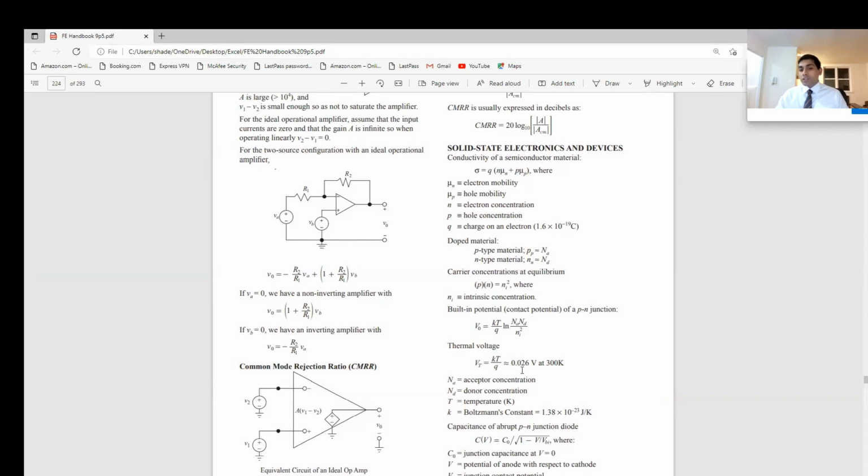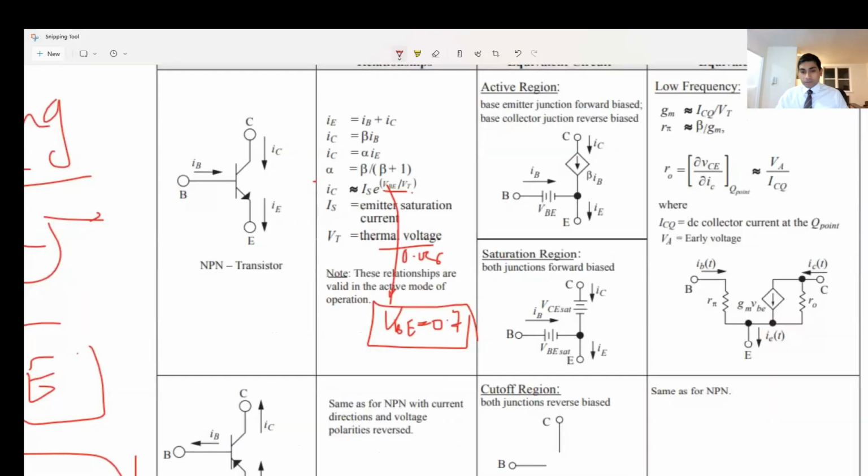Yeah, 0.026 volt. So your VT is 0.026, your VBE is 0.7, and this is the exponent which you would use in your calculator. You just plug in the exponent and get this ratio, whatever you get. So this is more or less a constant value. And IS is the saturation current, so it would be given to you.